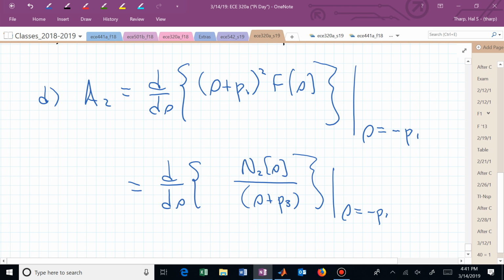And in general, if you had a higher power of repeated roots, you could do this for all of those different powers. You would multiply through by the highest power and then just keep differentiating.